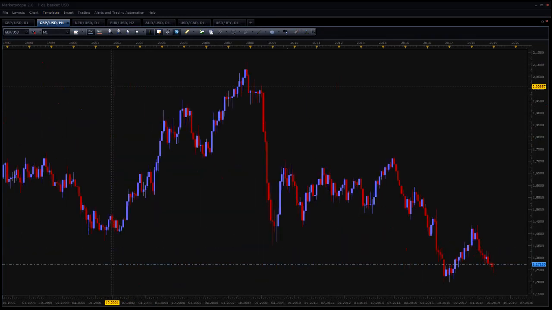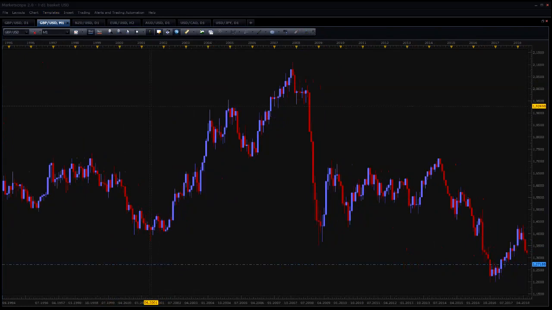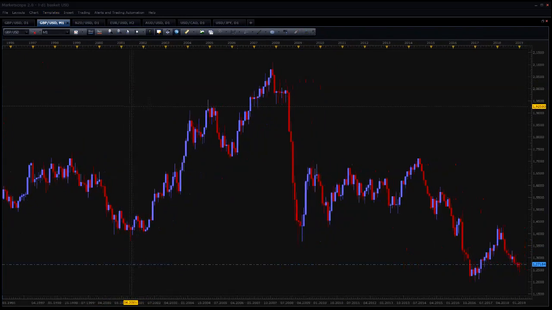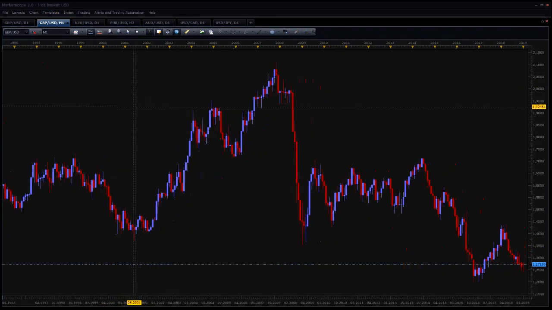All right, so first, before I put my beautifully artistic picture on, this is pound dollar on a monthly basis. And the first question that anyone should be asking themselves is, is this market in an uptrend or in a downtrend? And you always begin from the past, moving to the present. So here the market was in an uptrend.